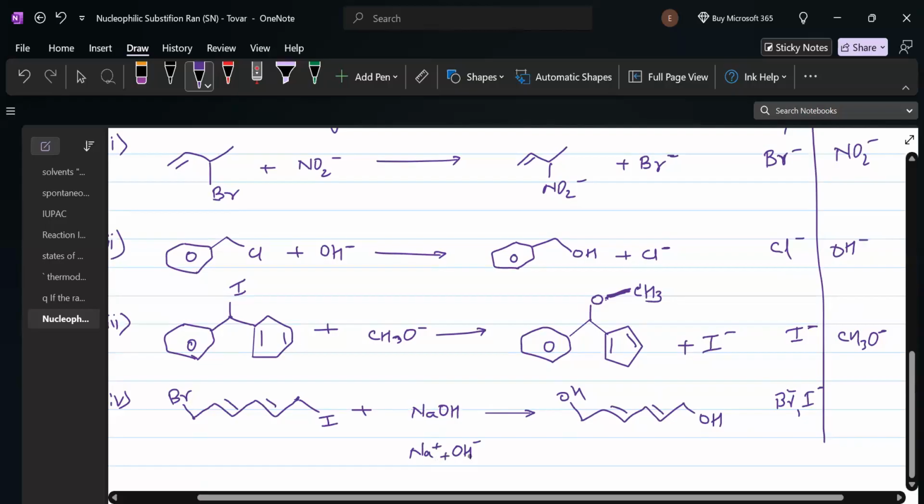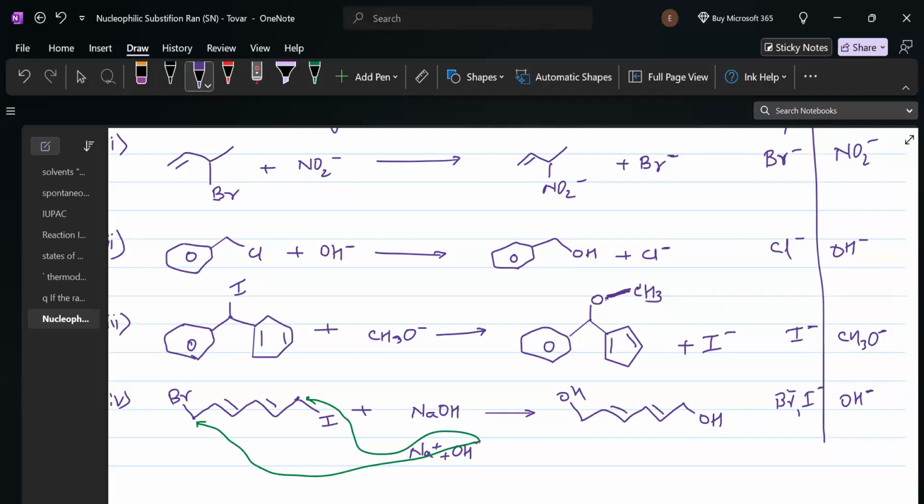So this is the nucleophile here, and it has attacked on this thing also and this thing also. So in this reaction, two leaving groups are present, right?